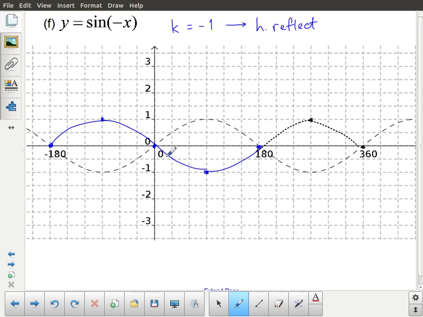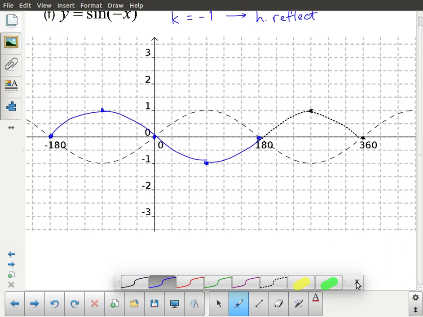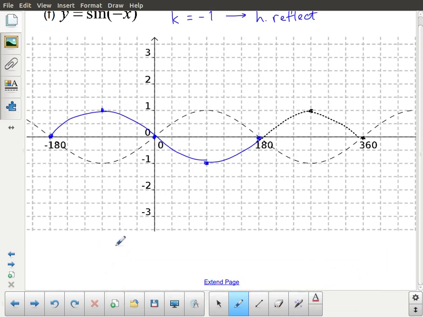Now, because of the particular properties of sine, and I'm just going off on a small tangent here, you might notice in this case that the sine of x, okay, if I take the sine function and I reflect it horizontally, actually I'm not going to write what I was going to write there.